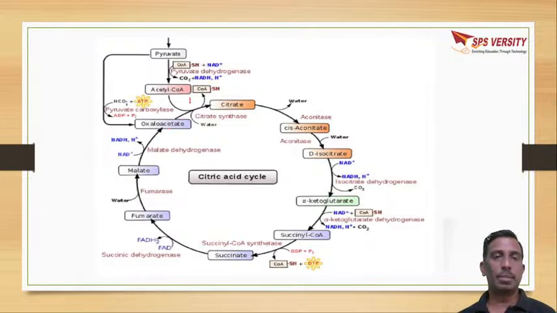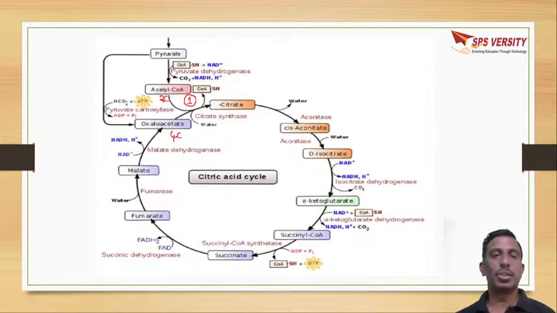पहले स्टेप में एसिटाइल कोएंजाइम condenses with oxaloacetate. Oxaloacetate is a 4-carbon compound, and acetyl coenzyme A is a 2-carbon compound.